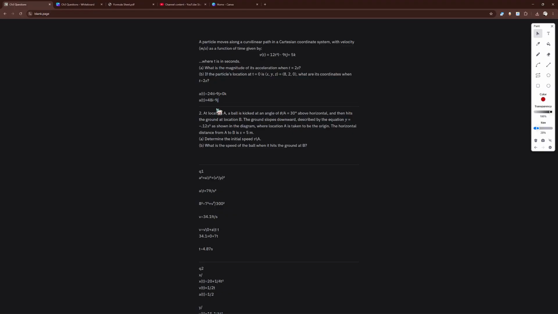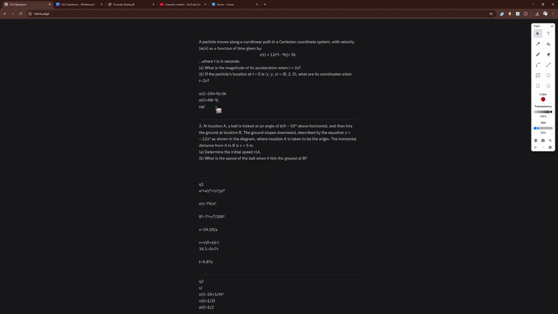And to get the magnitude, of course, you just do the square root of the components squared. So the magnitude equals the square root of 48 squared plus negative 9 squared, which is 48.8 meters per second squared.